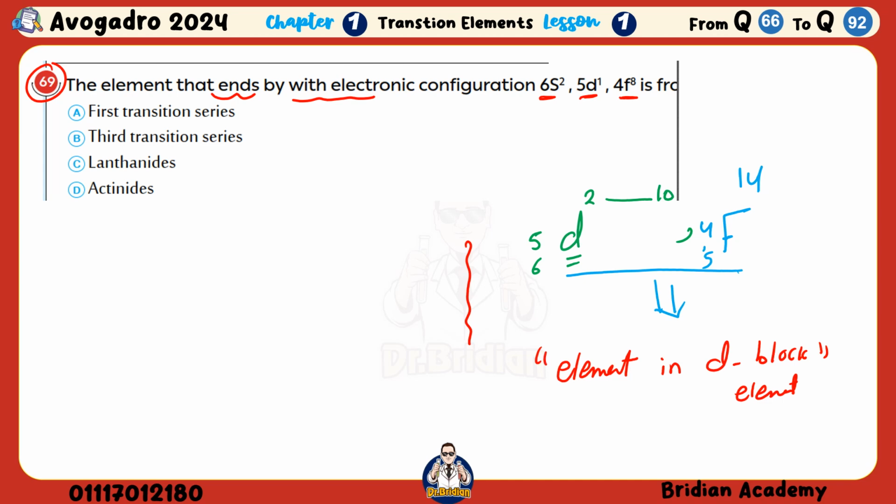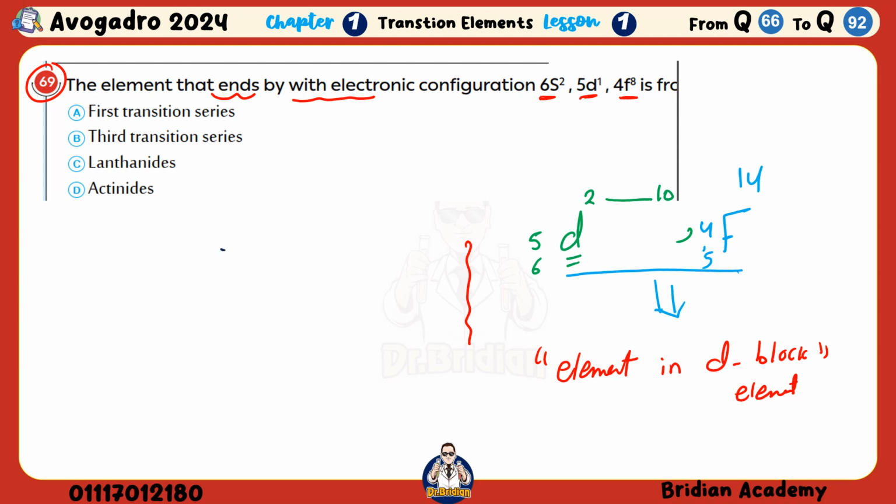So what? Second transition series, third transition series, fourth transition series. But this element will belong to the d block, especially the third and fourth transition series.